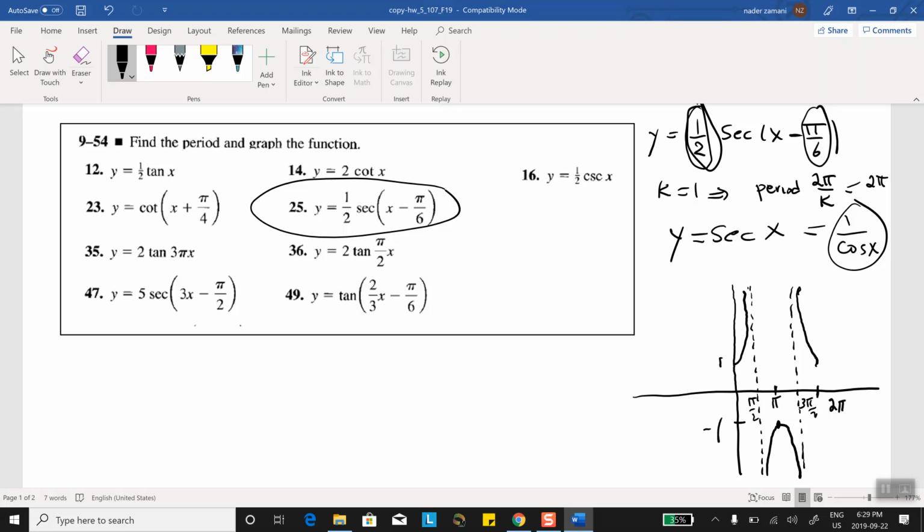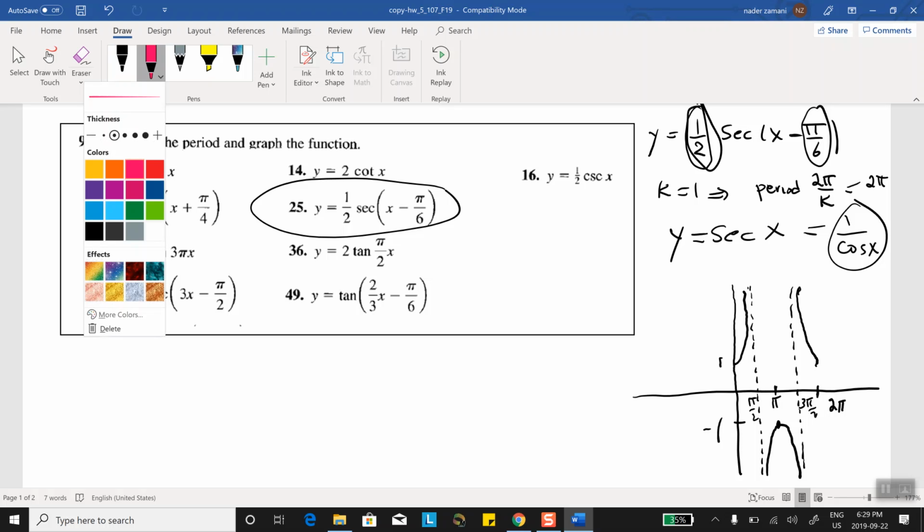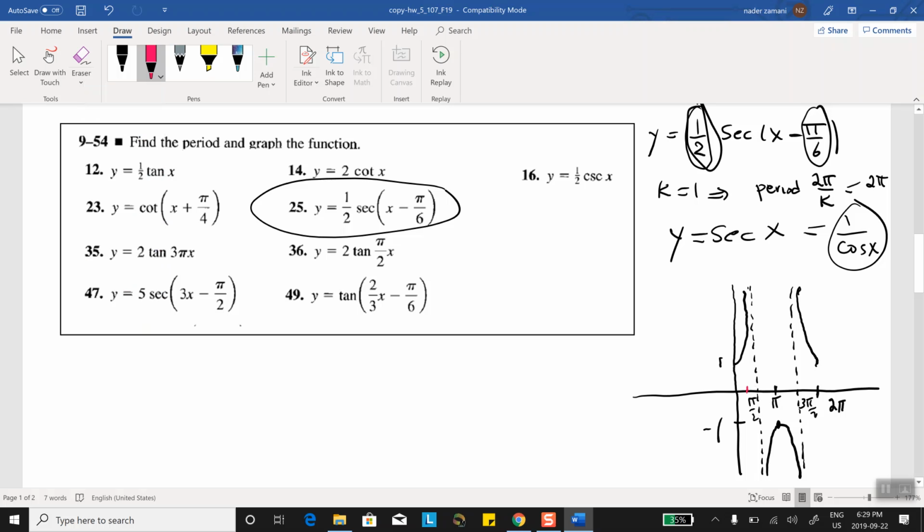Now, I'm going to shift this to the right by pi over 6. I have to be careful here. This distance is pi over 2, right? So if I want to shift everything by pi over 6, pi over 6 is probably that much.